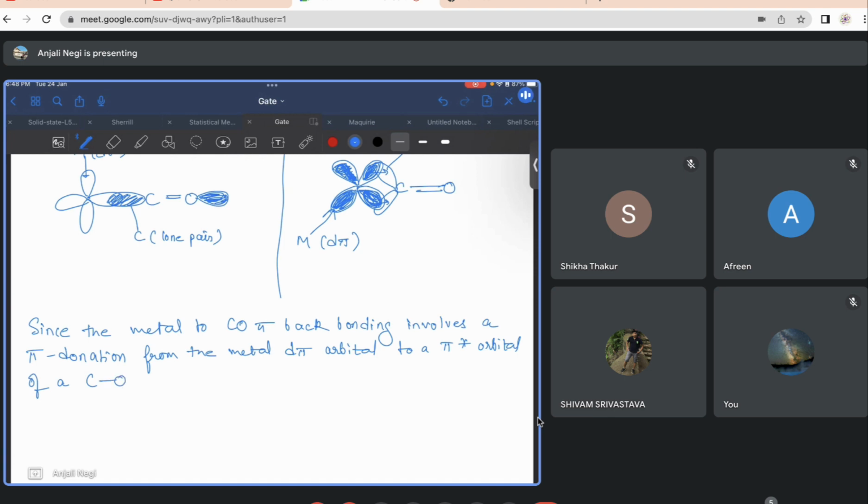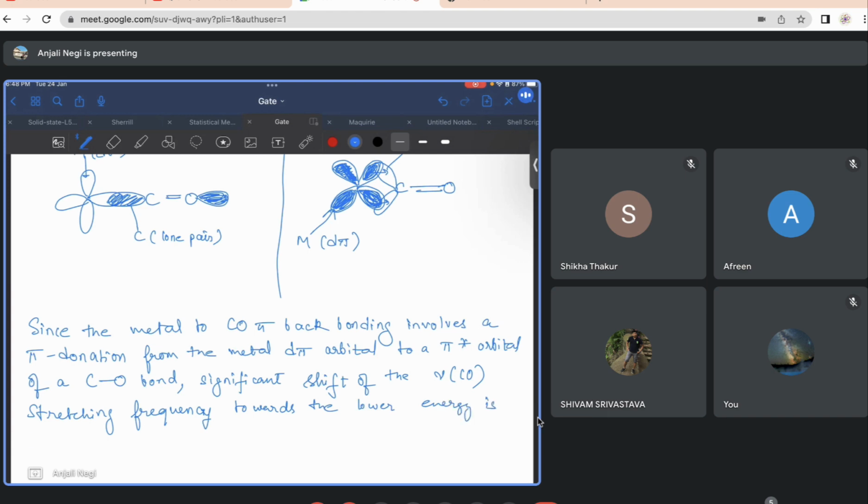of a CO bond, there is a significant shift of the CO stretching frequency towards the lower energies observed.